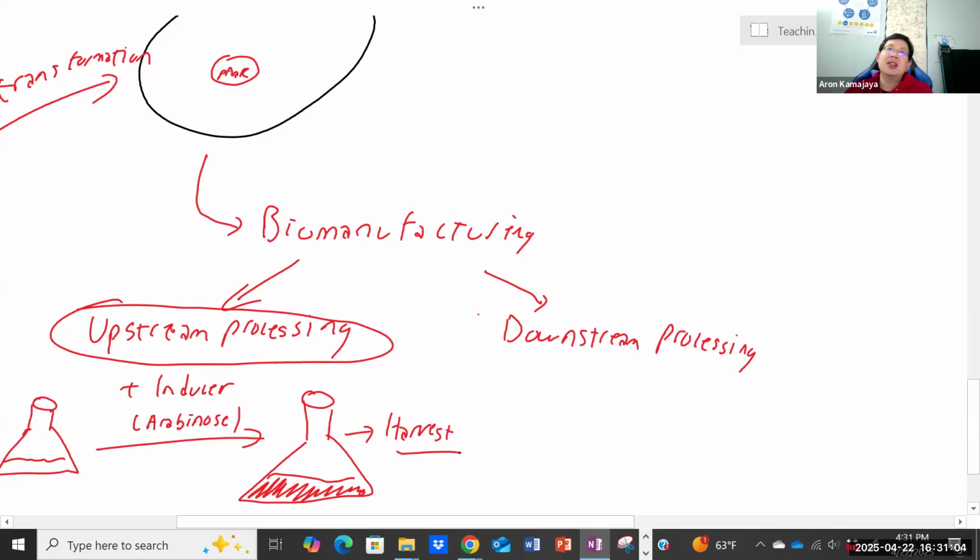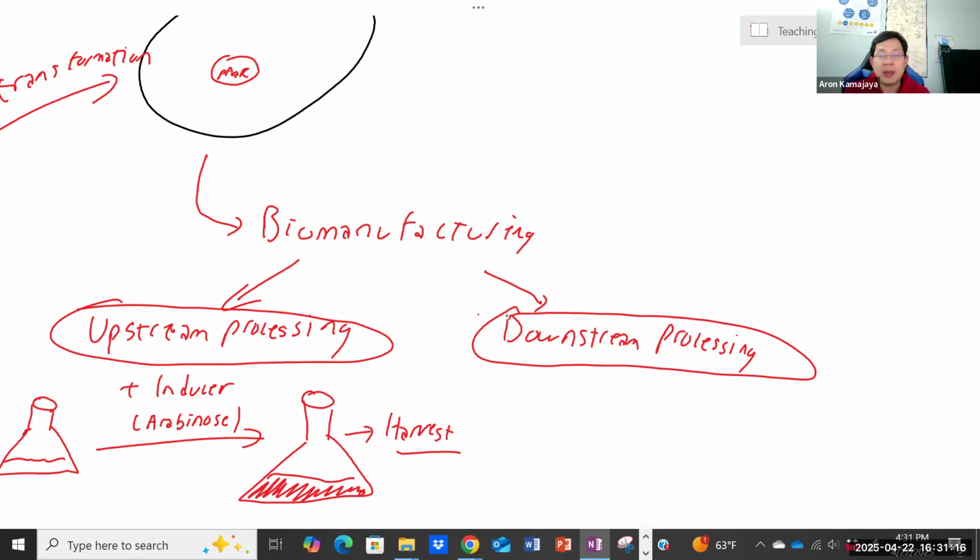Okay. Now, what about the downstream processing then? The downstream processing involves protein separation, separating your product from the rest of the junk in the E. coli cell. We use E. coli, the bacteria. So your E. coli have other proteins more than just your RFP.